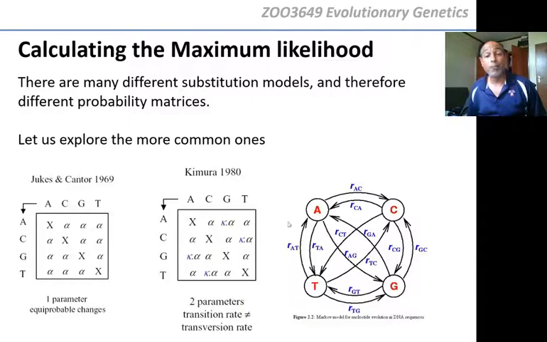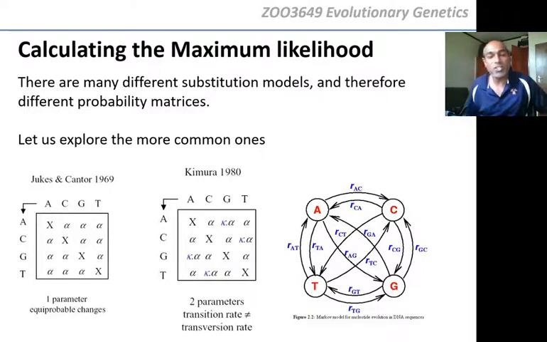Then the most complex model is the GTR model. Look at this thing. You still have A, C, G, and T, but to mutate from a G to a C is the rate RGC. The rate from C to a G is RCG. Basically, the rate from any base to any other base is unique.